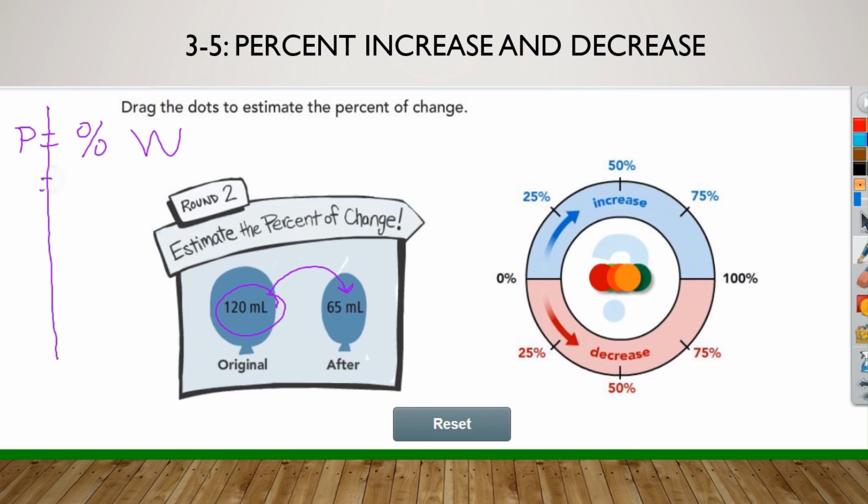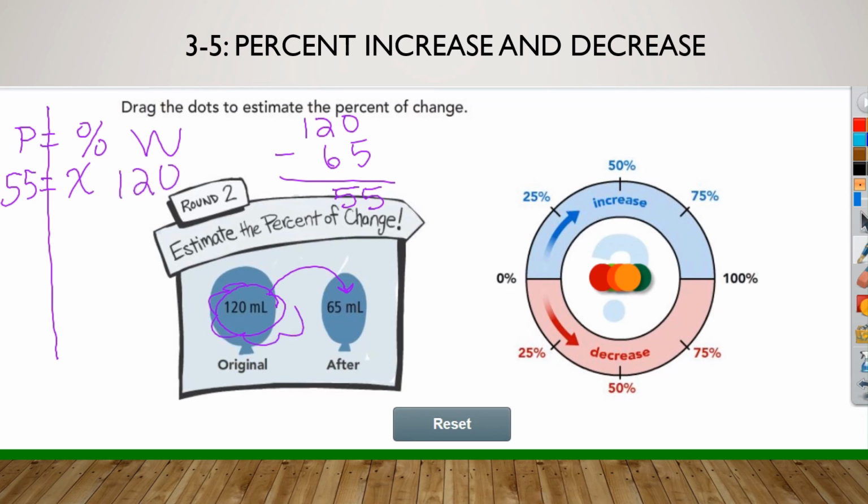Our part is the amount of change. So remember, you have to subtract the 2 values. And 120 minus 65 is 55. So that is our part. 55 is our part. Our percentage is unknown, so we're going to use a variable. Our whole is the original, which is 120.